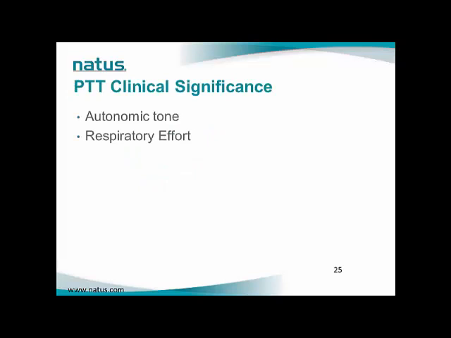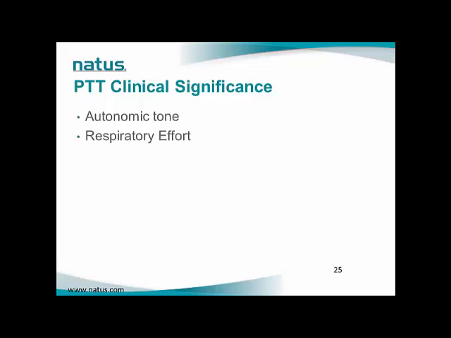PTT is a sensitive tool for measuring transient changes in the autonomic tone. For practical reasons, the opening of the aortic valve is assimilated to the R wave on the ECG. The speed of this wave is directly proportional to the inverse of the systolic blood pressure.